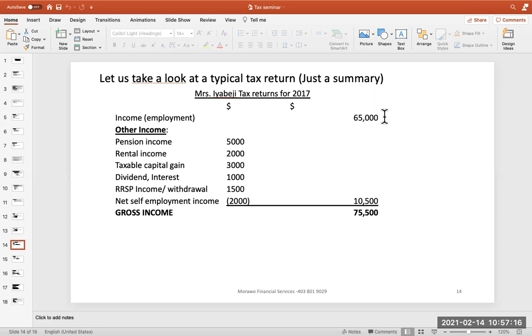RRSP income, you withdraw from your RSP. Then you have net self-employment income. If you have a home business, you made a loss of 2,000 or whatever. So everything will be put together, and then it will be added to your salary income to give us 75,500.